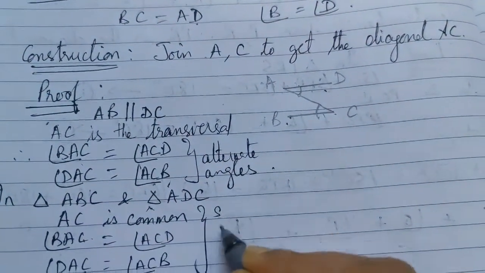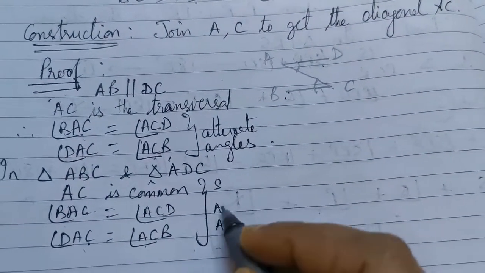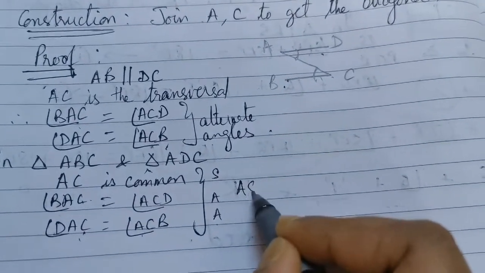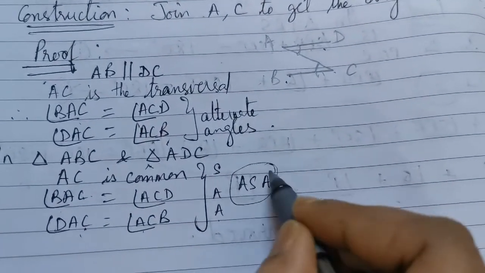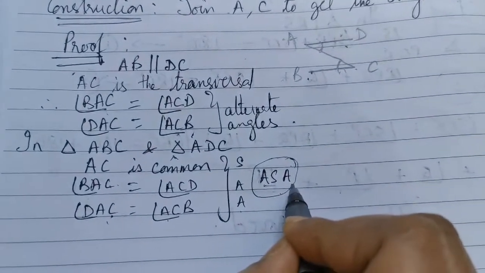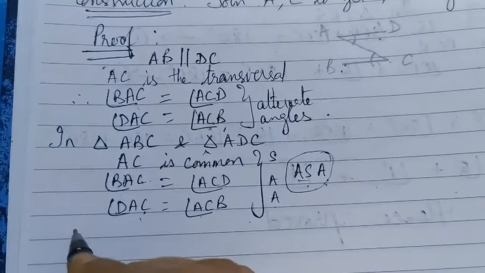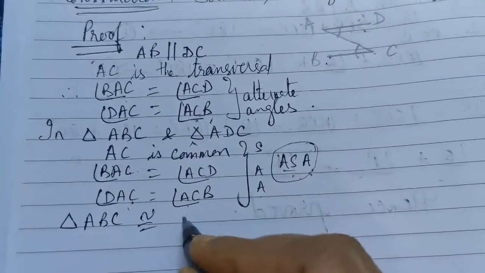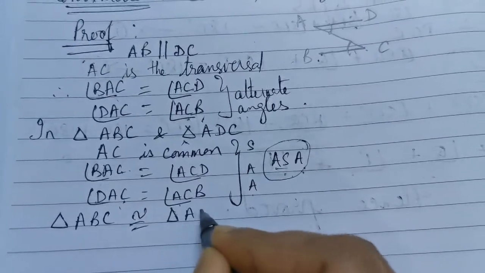This is a side, this is an angle, this is an angle. This side is in between these two angles. So, according to ASA, in congruent triangles, we learned that when these three are the same in two triangles, the two triangles are congruent. Triangle ABC is congruent to triangle ADC.